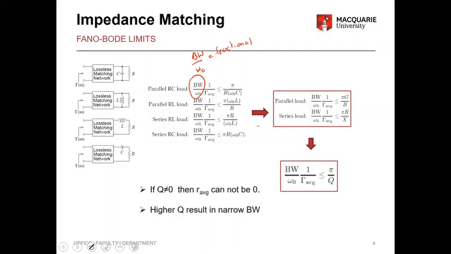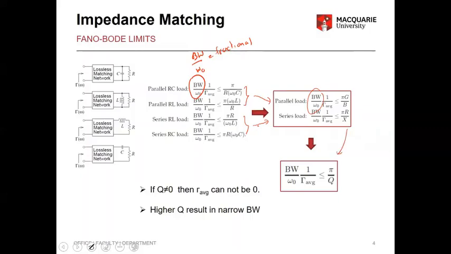Now, these equations you don't need to remember, because you can use them directly. Just keep a copy of them for your exam. You can simplify them to two different parallel loads and a series load. So these two are parallel loads, these two are series loads. So basically it says the fractional bandwidth is inversely proportional to your Q. So these two can be simplified to this.